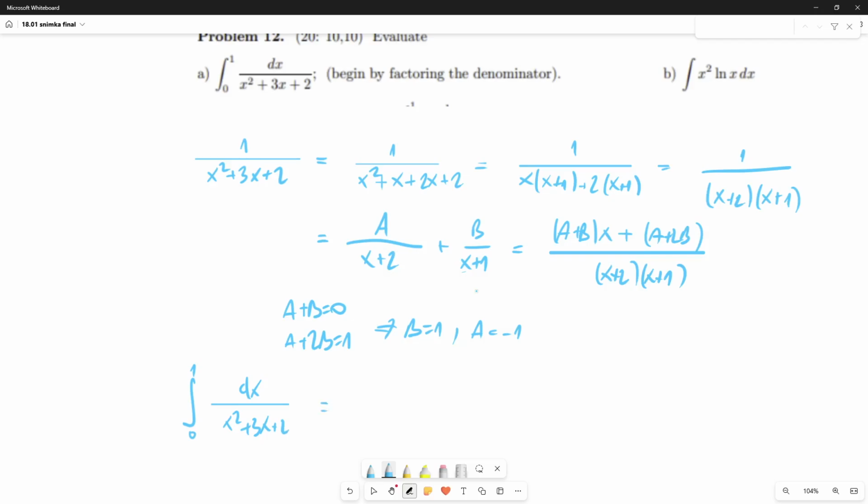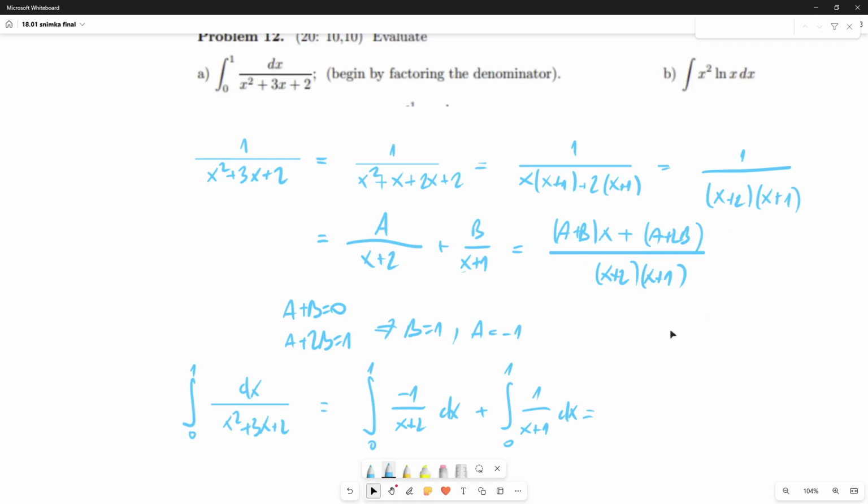So we can write this integral as a sum of two integrals, where the first integral is the integral of minus 1 over (x plus 2) dx, and the second integral is the integral of 1 over (x plus 1) dx. Both are definite integrals.